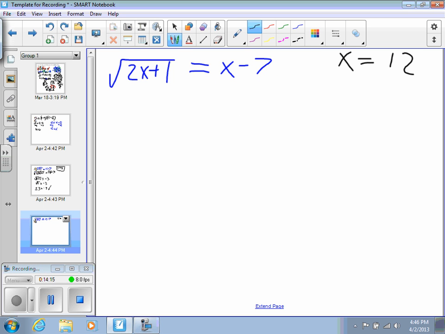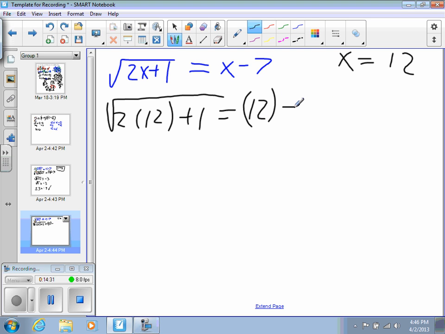Let's check the other one. So we'll plug in 12. So 2 times 12 plus 1, we'll take the square root of that, equals 12 minus 7. Okay, so over here I have 24 plus 1, take the square root of that, equals, and 12 minus 7 gives us 5.